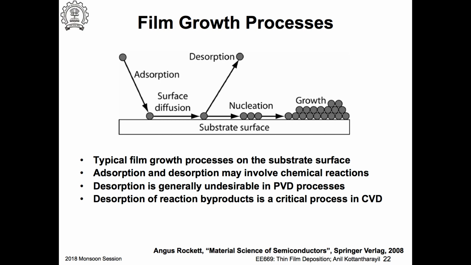And I can stop this process at the nucleation stage to make nanoparticles. Okay. So that is a very important application. Of course, you have the growth happening. So if I want, let's say, quantum dots and so on and so forth, right? This is a very important stage in the growth of the film that you can play with.